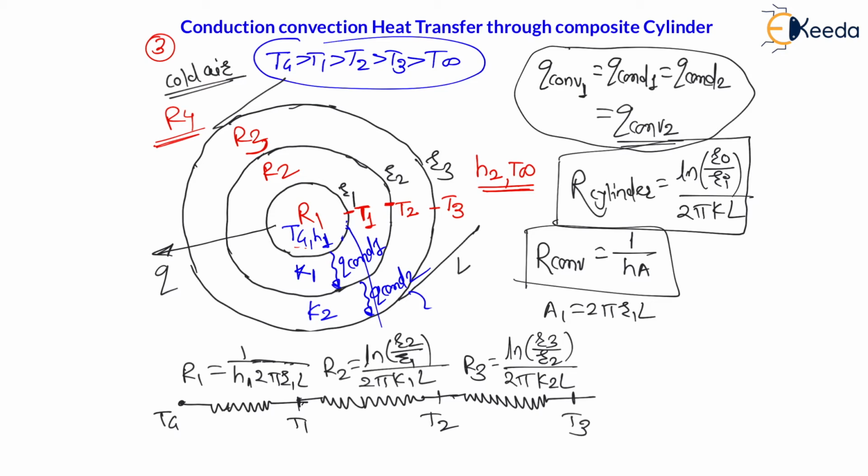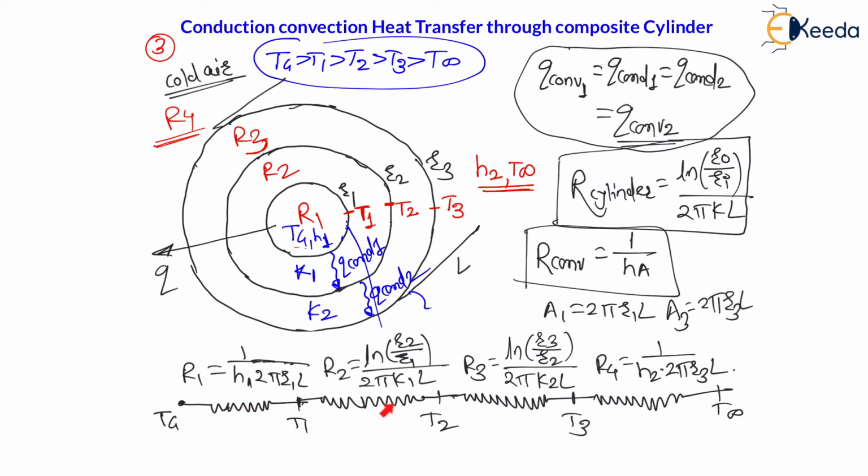The area exposed to the outside ambient is A3, which is equal to 2 pi r3 L, for length L. The convection resistance is 1 upon HA, so between T3 and T infinity, R4 is nothing but 1 upon H2 into 2 pi r3 L.